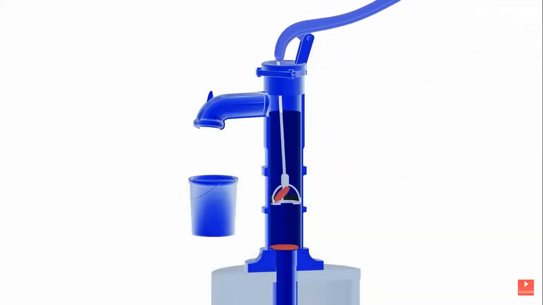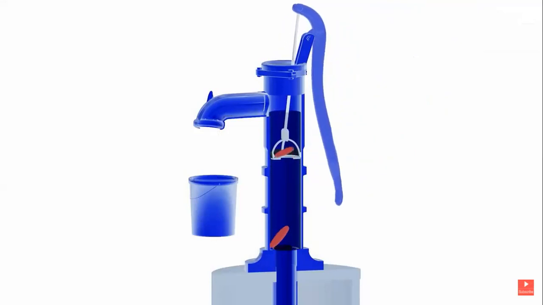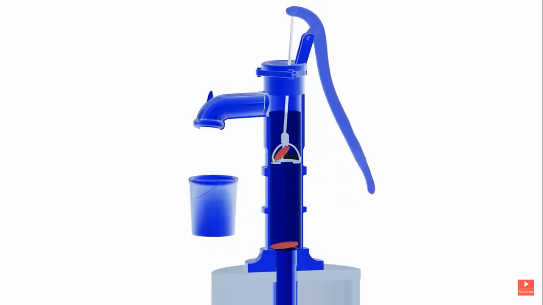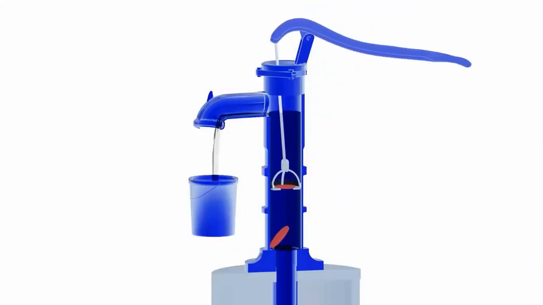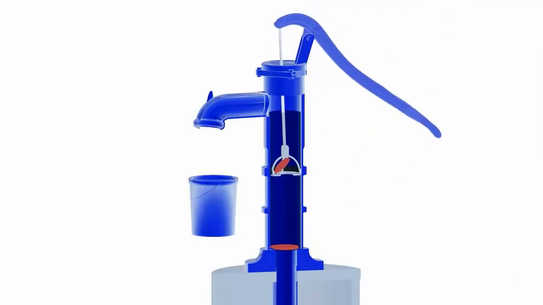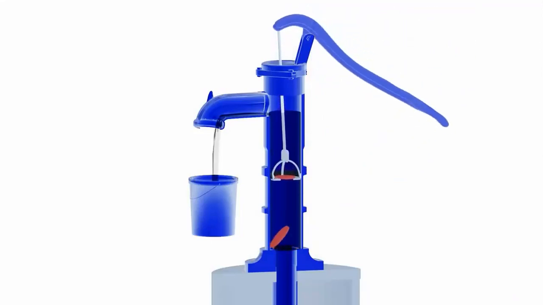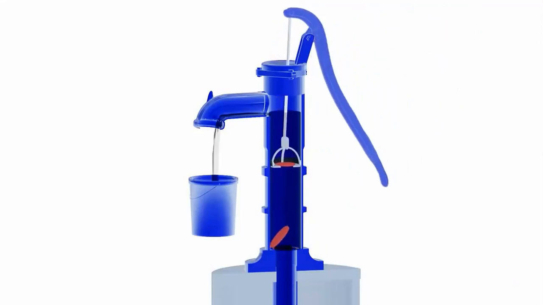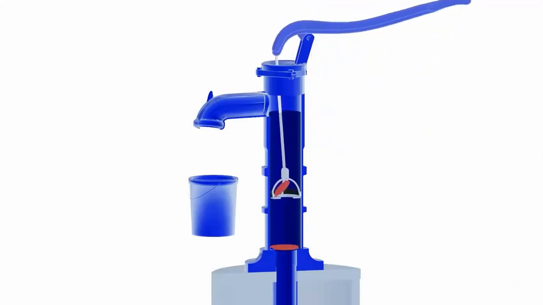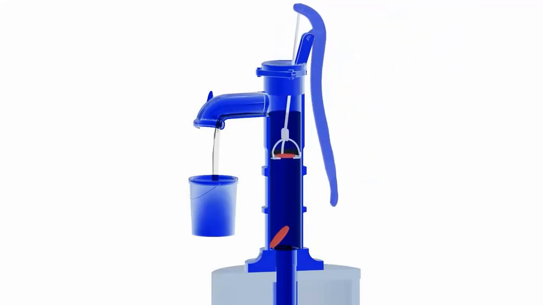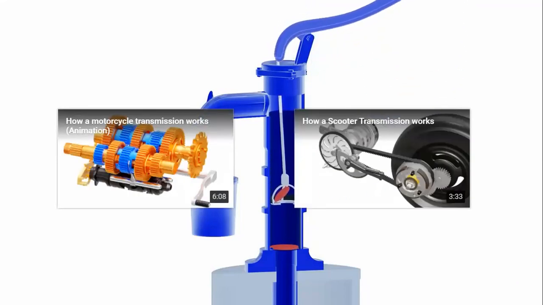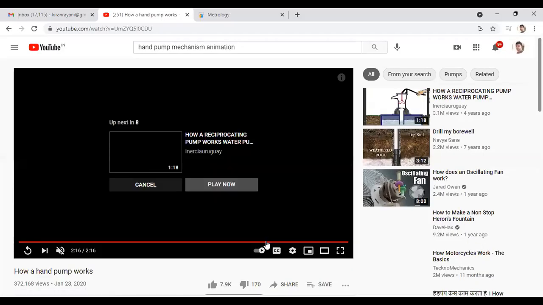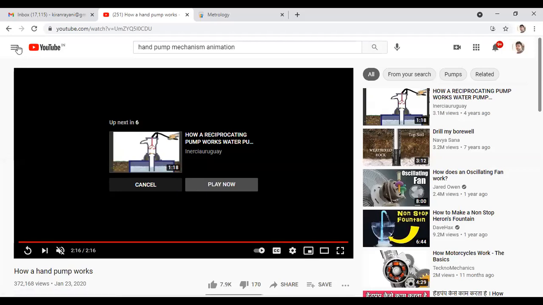So that is the working of the hand pump. That is all about the hand pump.